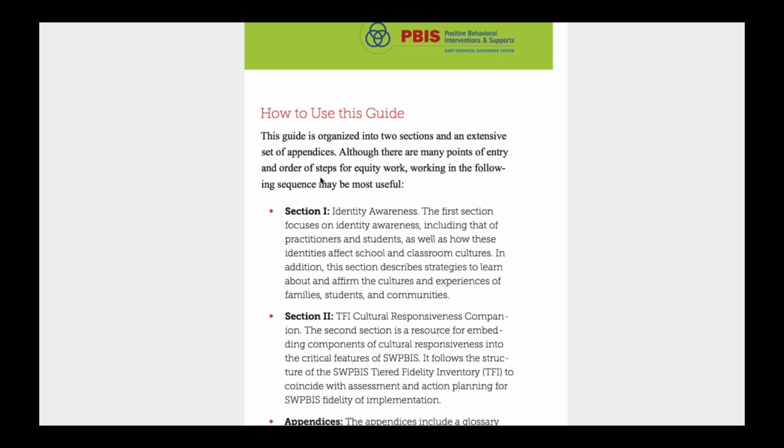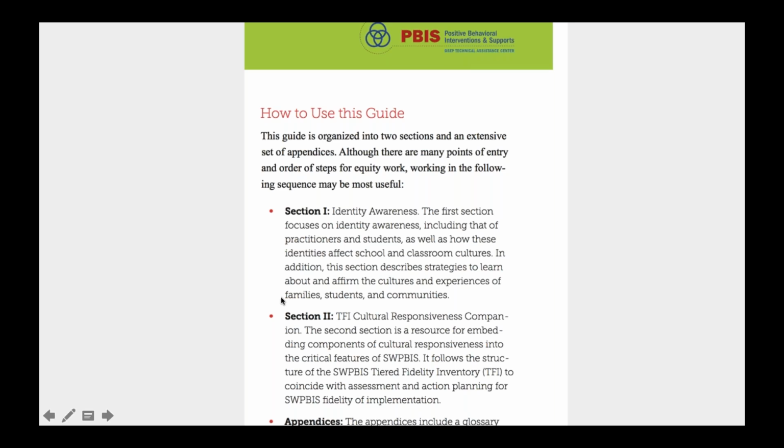This is what the guide actually looks like. This is a page straight out of it. And you're talking with your staff and finding ways to ensure that they are thinking about how their identity and their culture affect their school and classroom cultures and what they expect from their students.